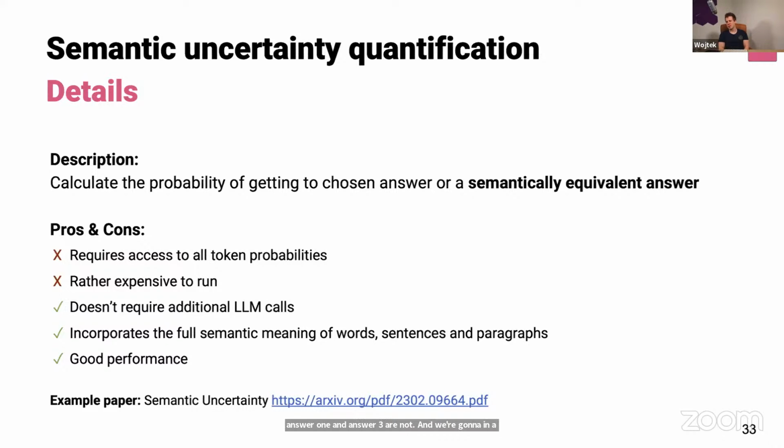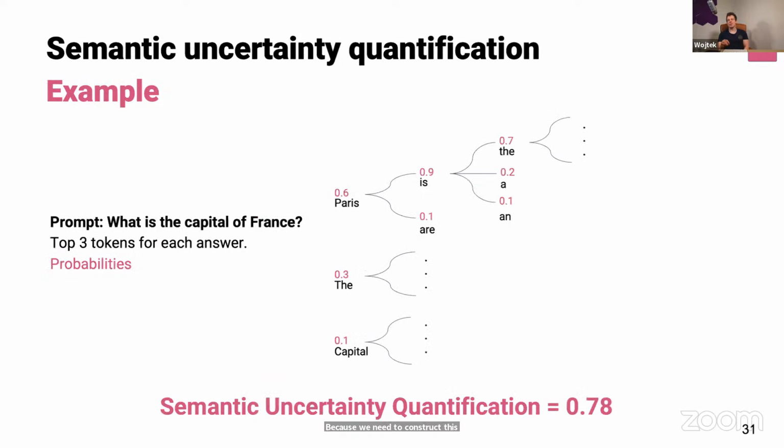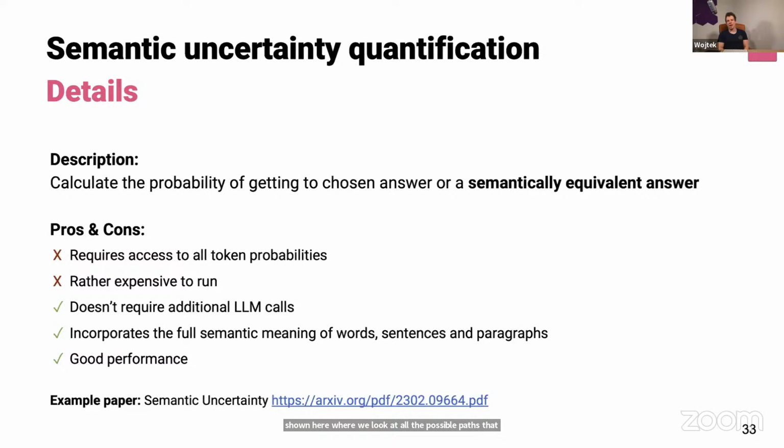Now let's talk about pros and cons. First of all, we require access not only to the chosen token probabilities, but all token probabilities, because we need to construct this decision tree that I showed here, where we look at all the possible paths that the answer could take. It means that it's generally quite expensive to run, but at least we don't require additional LLM runs.